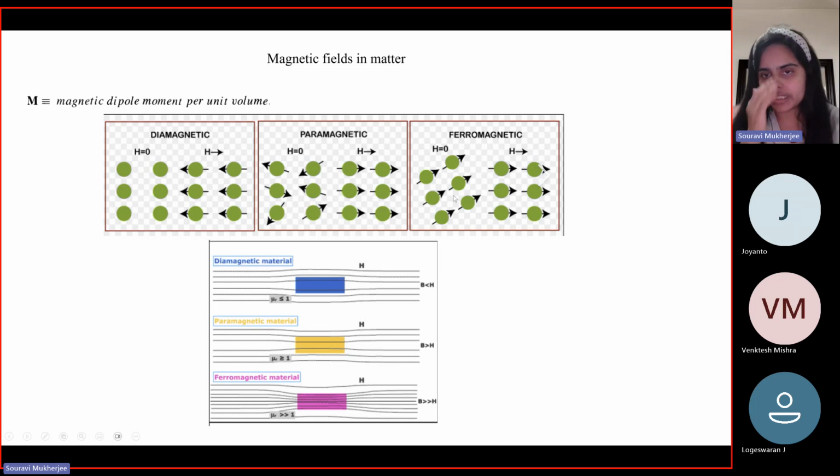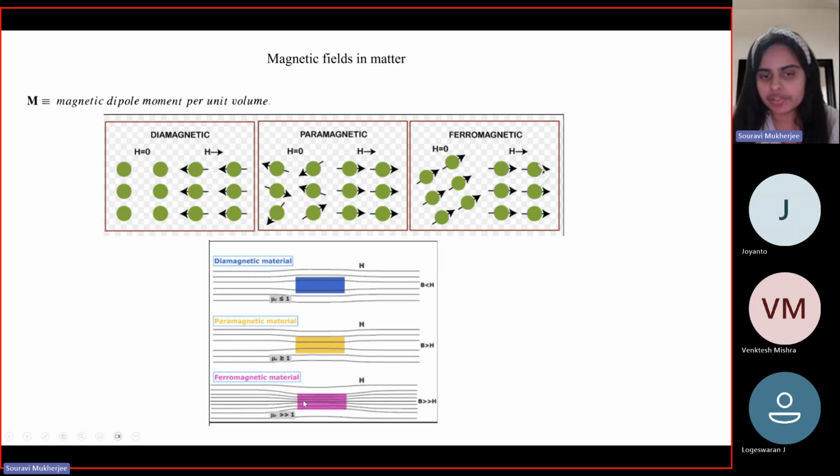While if you have a ferromagnetic material, ferromagnetic materials do have a magnetization even when there is no externally applied magnetic field. At h equal to 0, where h means the field that you are applying externally, you can see that even then there is a net magnetic moment. When there is an applied external magnetic field, the moments try to align in that direction.